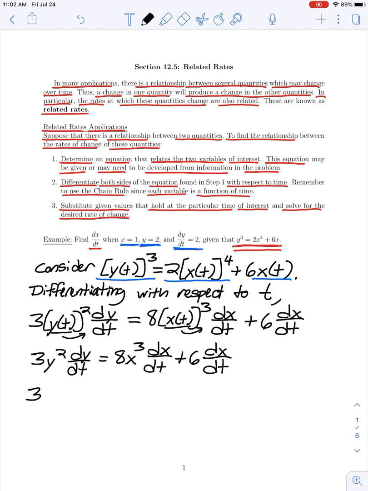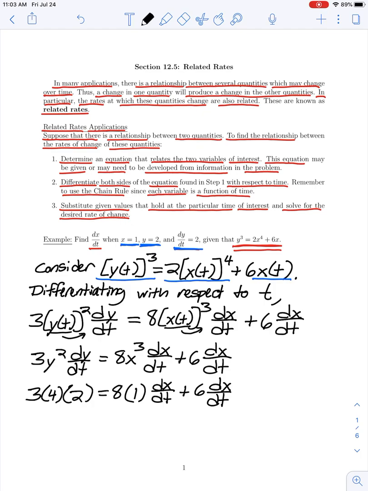So we would have 3 times y squared, which would be 2 squared, or 4, times dy dt, which we were given is 2, is equal to 8 times x cubed. Now if x is 1, we have 1 cubed as 1, times dx dt, plus 6 times dx dt.